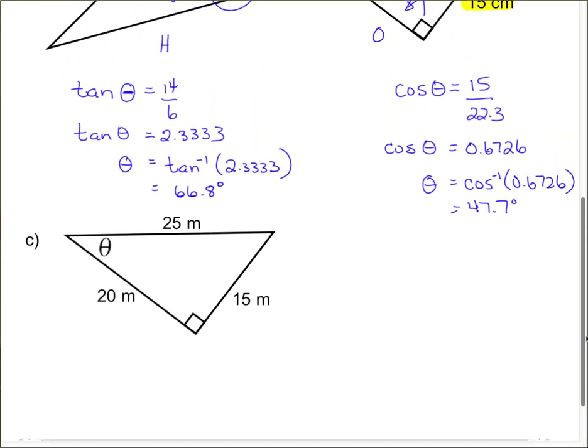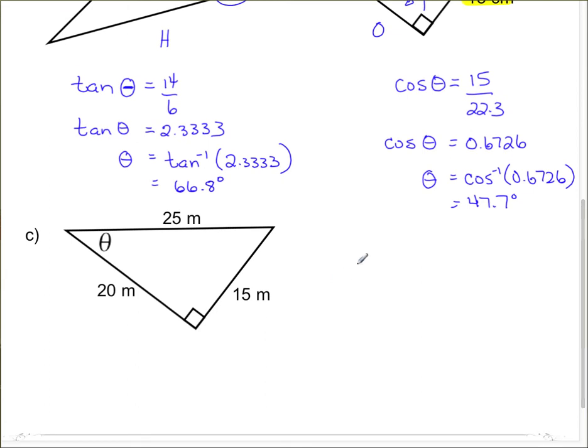Now, going back over here, this one, we've got three sides all with numbers on it. Isn't that interesting? I'm going to circle the angle I'm trying to find. I'm going to label all my sides. So across from the right angle is the hypotenuse. Across from the angle I'm using is the opposite.